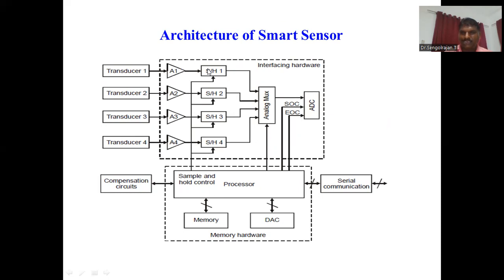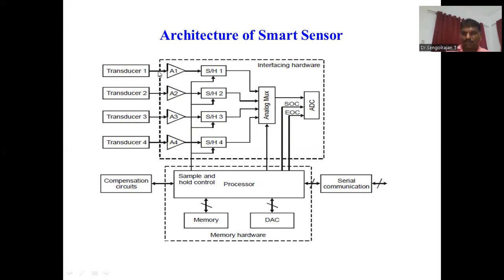Then, if the signal is strong enough, it uses sample and hold circuits. From the sample and hold circuits, the signal is given to a multiplexer. What is a multiplexer? Many signals are processed and produced as one signal; many inputs, but the output is one.